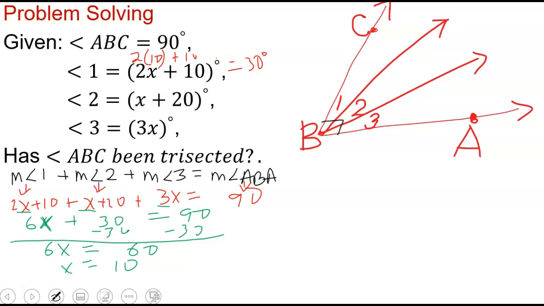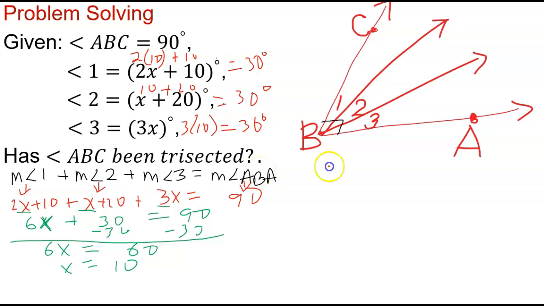And then we do the same thing here. 10 plus 20, that's 30 also. And 3x is 3 times 10. That's also 30 degrees.